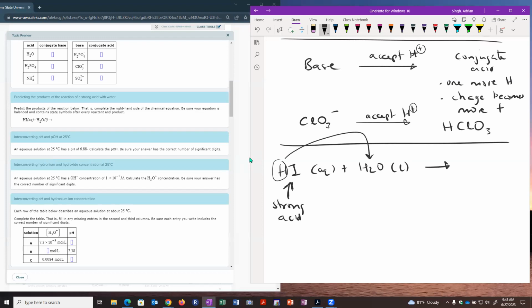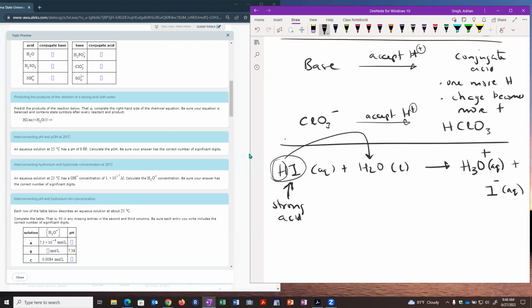So if we stick an H plus onto an H2O, we end up now with 3 H's and O, and we didn't just put an H, we put an H plus. So that's going to have a positive charge. That's the hydronium ion, now dissolved in aqueous solution. And then if we take away an H plus from this thing, we end up with I minus. That's also in aqueous solution, right?